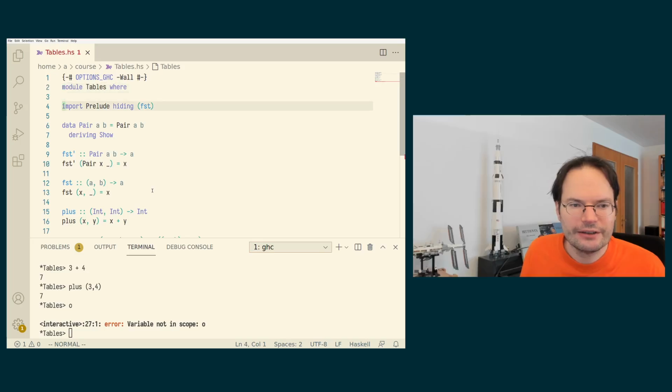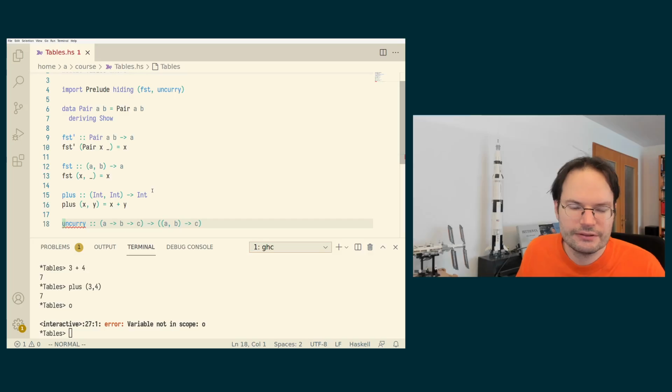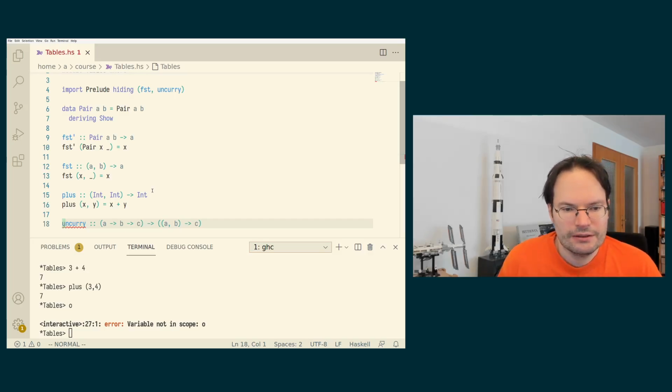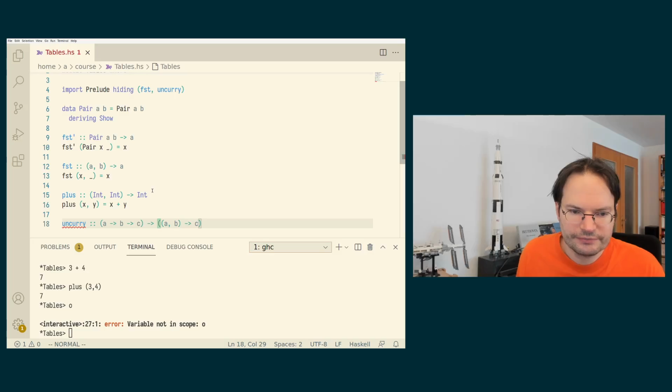I should hide uncurry again because that also exists. Okay. Now, we said the function arrow is right associative. So these parentheses here are actually not needed.